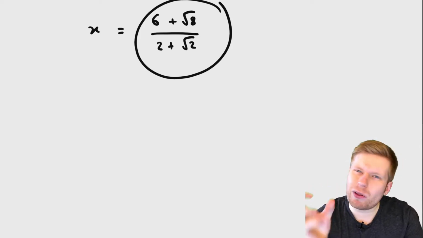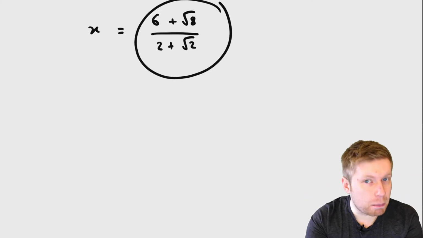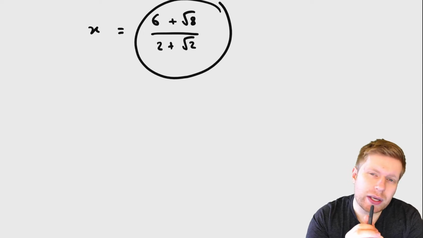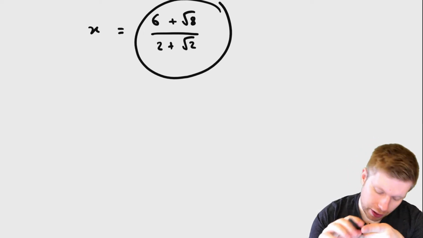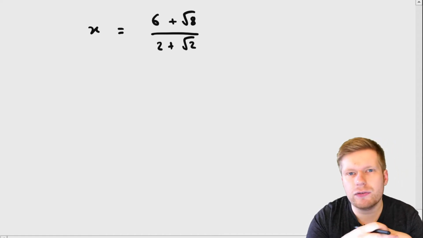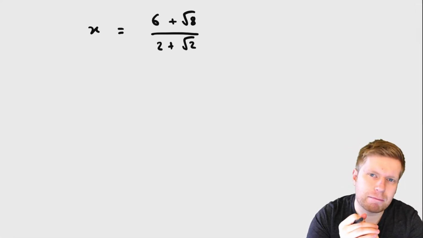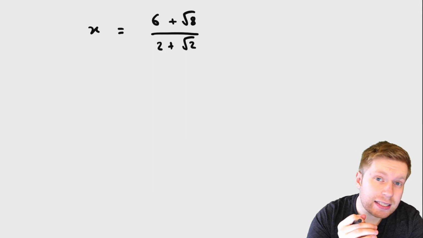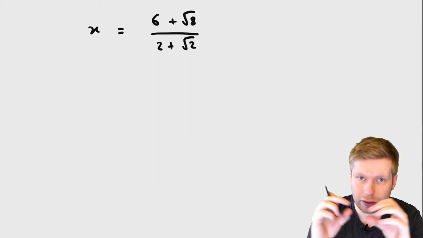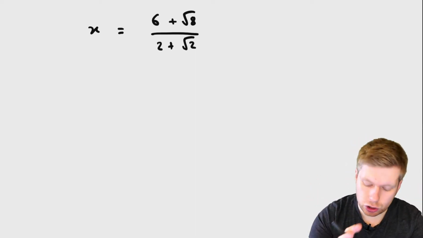Because at the moment the thing on the right-hand side does not look like it's in its simplest form. Remember, we talked quite a lot about simplifying in the first two videos. So we need to simplify here. In fact, we looked at an example just like this at the end of last week's lesson. We need to make the denominator rational. We need to rationalize the denominator.